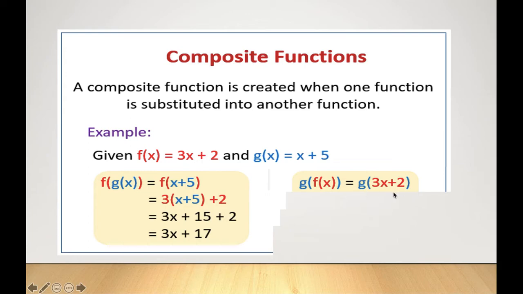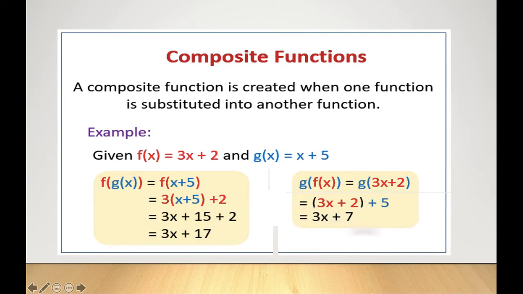Since g of x is x plus 5, I have substituted 3x plus 2 instead of x to get (3x plus 2) plus 5. Now simplify what is in the bracket.